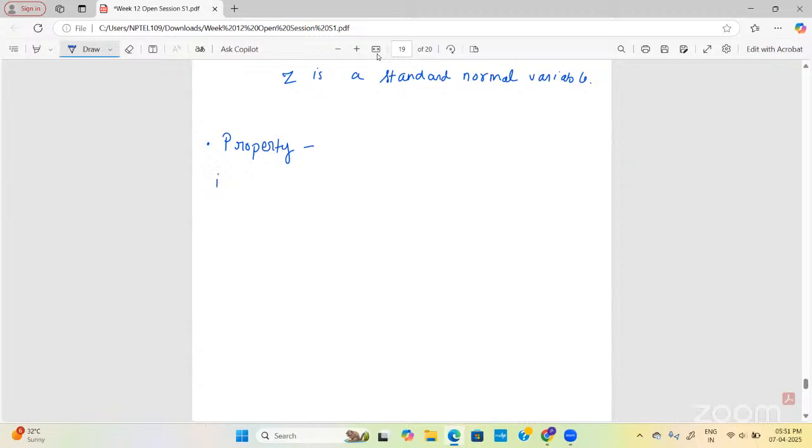So the first property is that probability Z less than minus X. Okay, so this is equal to what? So if I draw it, then suppose this is 0 because it is a standard normal distribution. So the mean will be 0.